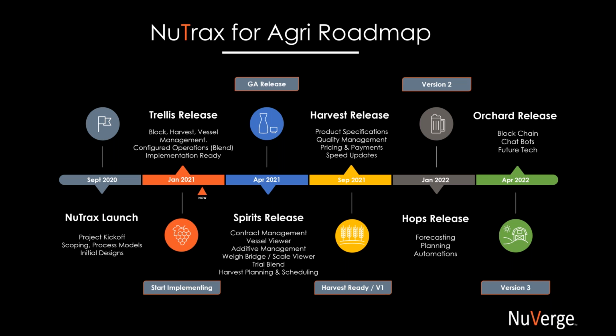We are still building out additional pieces and polishing certain areas, but we can start an implementation with the idea of being harvest ready, depending on the particular region you're in. So this product is ready to go. We do have some forecast planning and automations coming in the future into 2022, as well as some cool things around blockchain. I'll let Patrick talk about it briefly on the next slide, but we're excited about some of the future pieces as well.